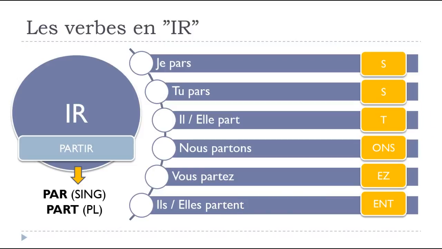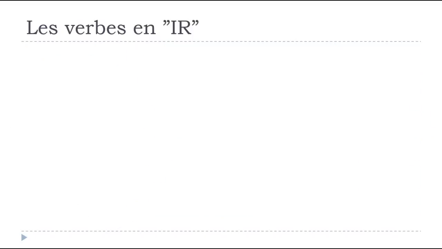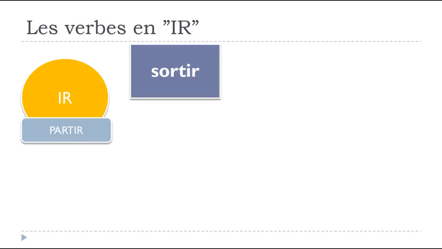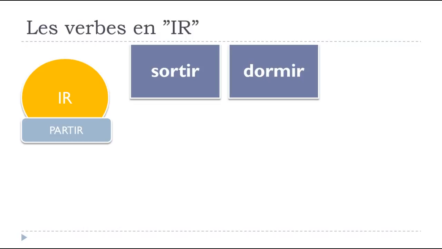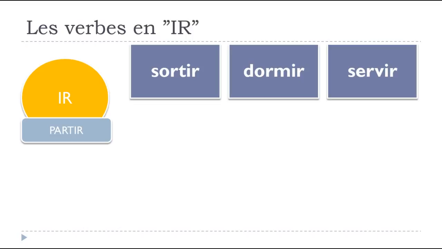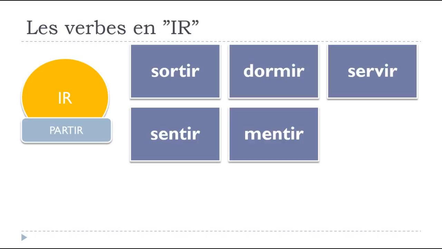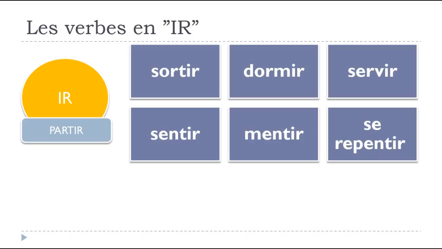Alright? So, let's see now the verbs that will be conjugated like partir. Sortir, dormir, servir, sentir, mentir, se repentir, and a few others. Okay, so sortir, dormir, servir, sentir, mentir, se repentir.